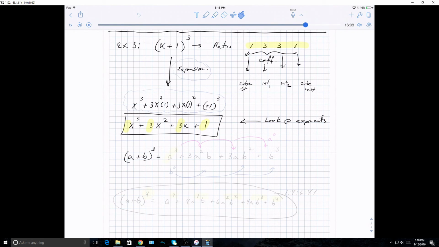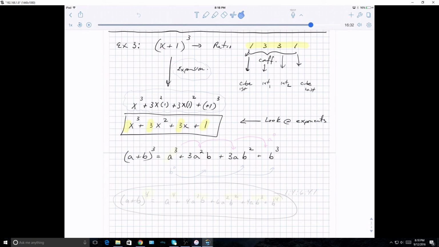What we can see here is that it's going to be a cubed plus 3a squared times b plus 3ab squared plus b cubed.